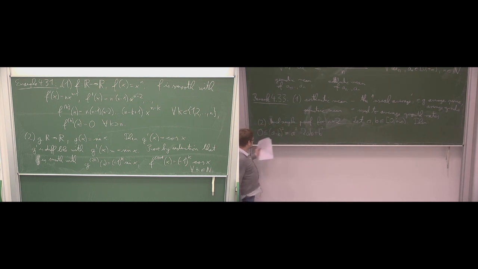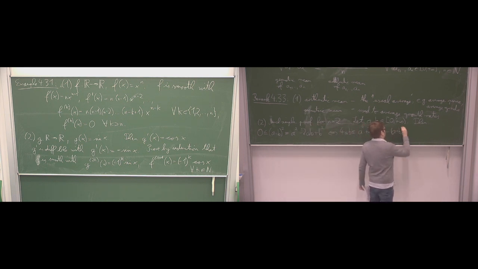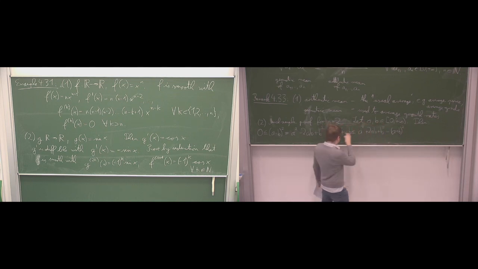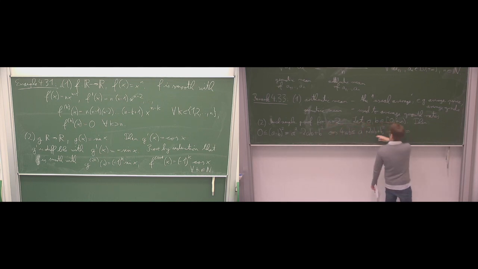Okay, now we have considered this an inequality and forget about this middle term. I just want to add 4ab to both sides. Then we would have 4ab is smaller than, adding 4ab to this expression, a squared plus 2ab plus b squared. And this is now, again by binomial formula here, the same as a plus b squared. Now, if I just divide everything by 4, I get that we have ab is smaller than or equal to a plus b squared divided by 4.